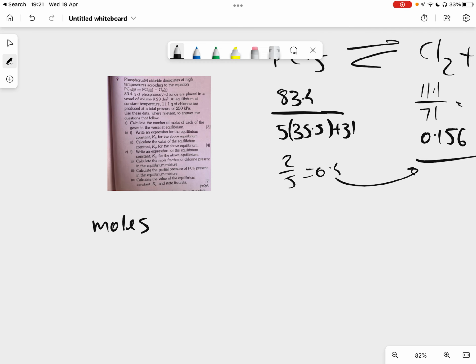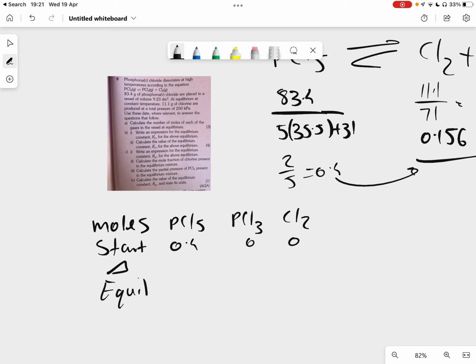So we've got moles, we've got start, we've got the change, which I write as delta, and then we've got the equilibrium. So the moles of PCl5, PCl3, Cl2. At the start we have 0.4, and we must have 0 of the others. The change is plus 0.156, plus 0.156, and the change in this one must mean minus 0.156.